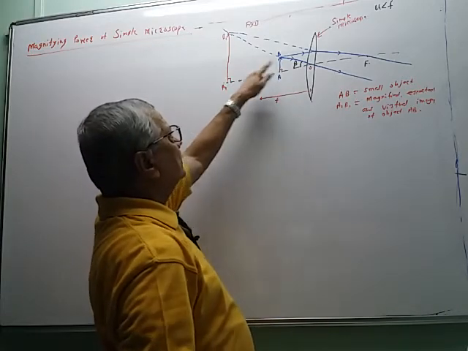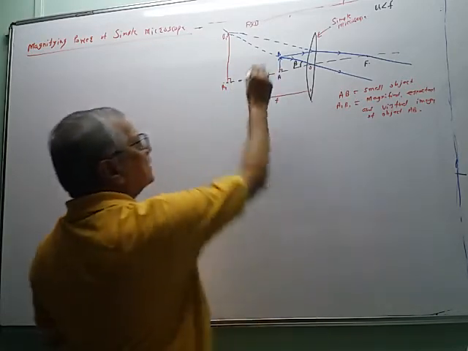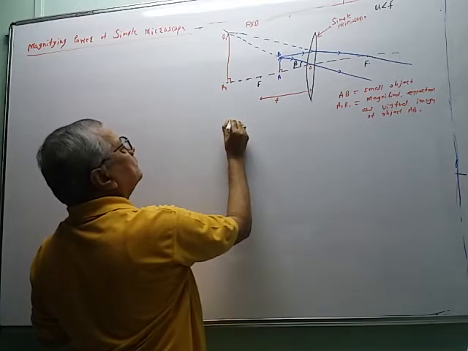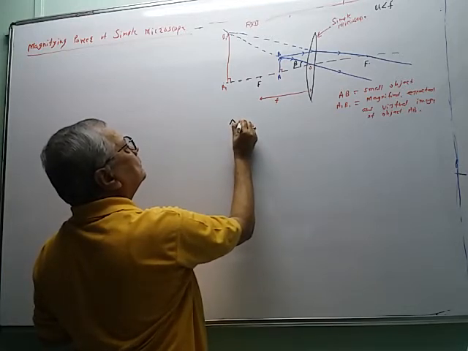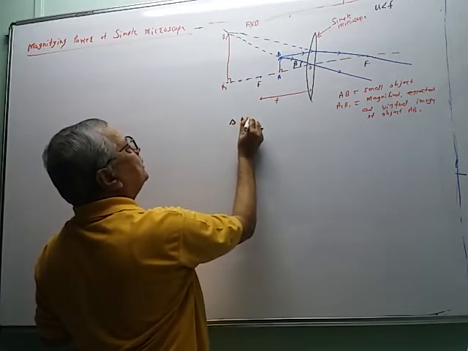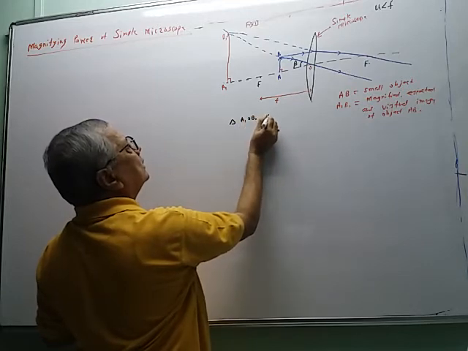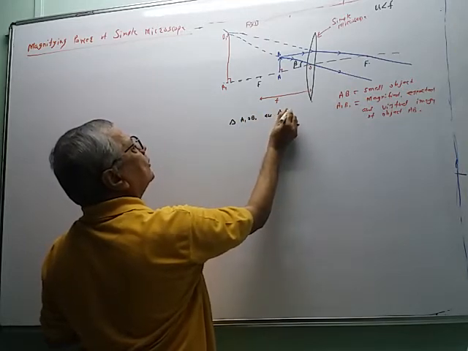Now in the figure, consider these two triangles, triangle A1OB1 and triangle AOB.